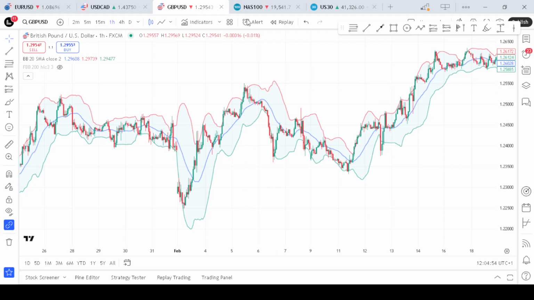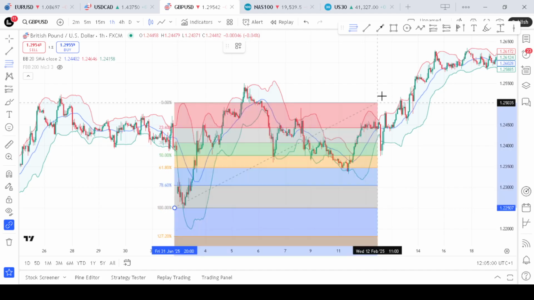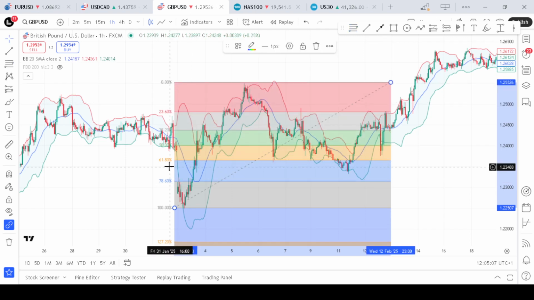Then we'll draw our Fibonacci from the swing low to the swing high to mark out these levels. And as we can see, these are our levels on the chart, our 61.8, our 50%, and our 38.20 area, and they act as potential support and resistance zones where price action often reacts from.